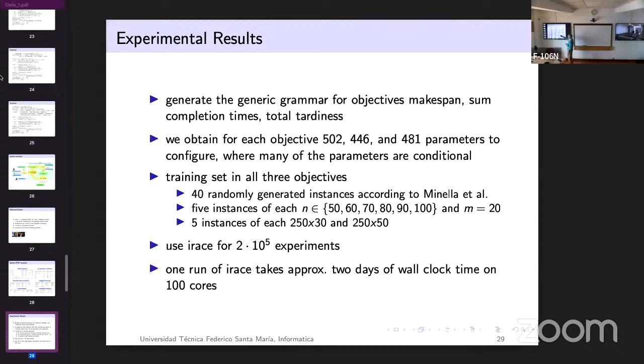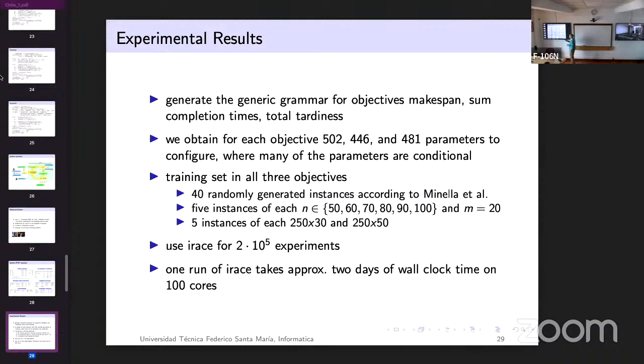One obtains for each objective 502 parameters for the makespan, 446 for the sum completion time, and 481 parameters for the total tardiness.